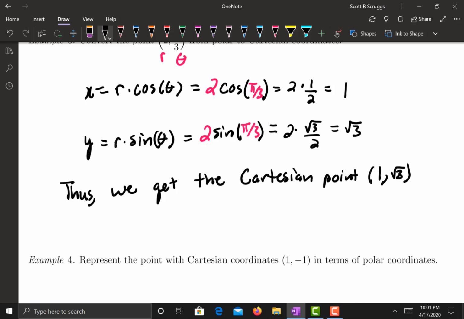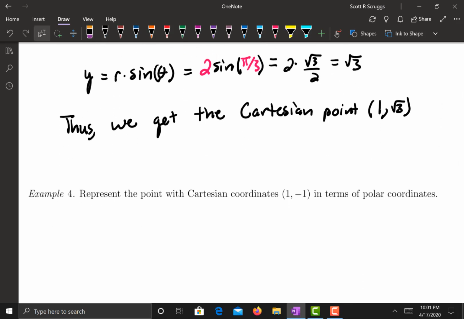So now let's go backwards and say I want to convert from a Cartesian coordinate to a polar coordinate. So first thing I want to observe is I want to figure out what quadrant the point (1, -1) is in.